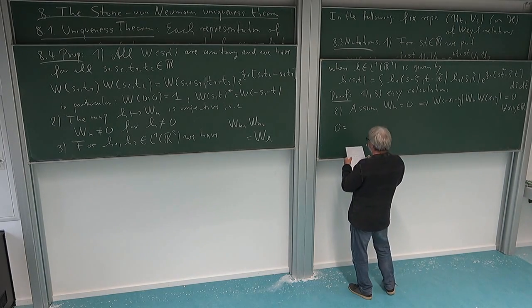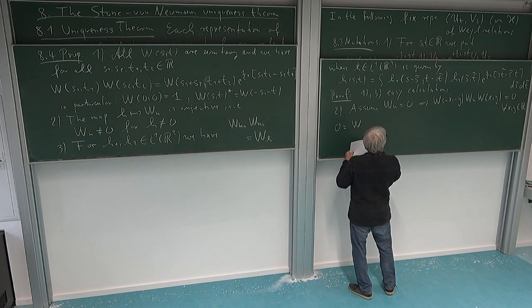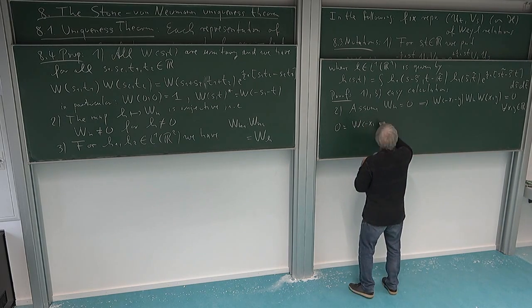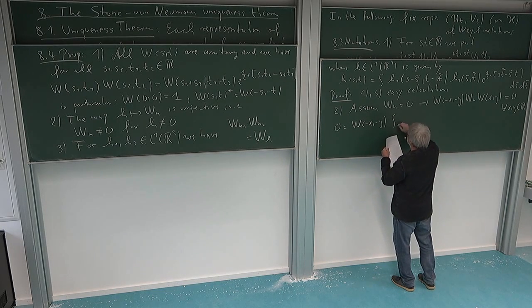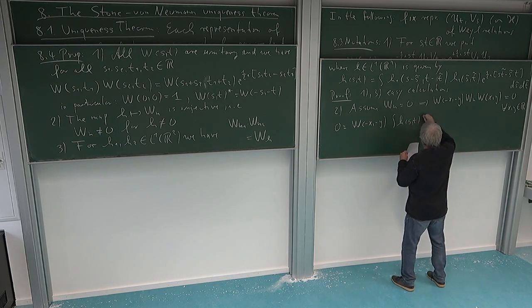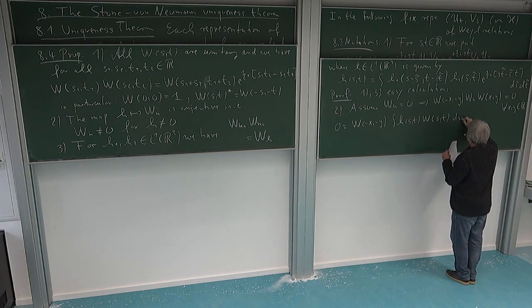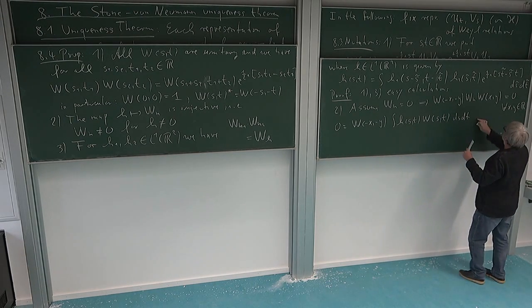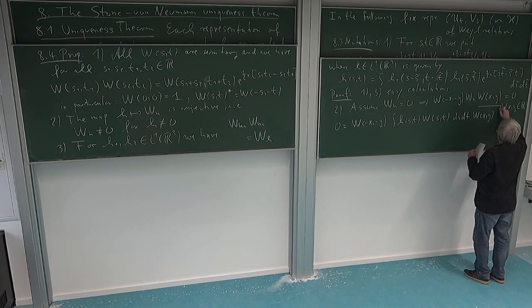So this is, let me write it down. So this is w of minus x, minus y, and then the w h, so this was the integral of h of s t w of s t ds dt, and I'm multiplying on the other side with the w of x y.